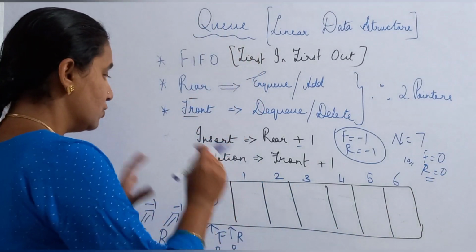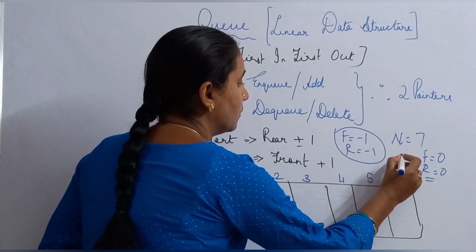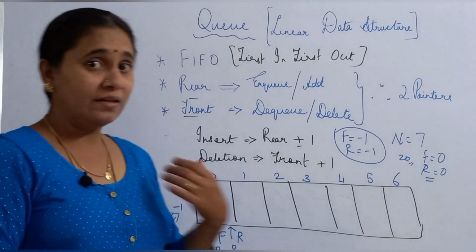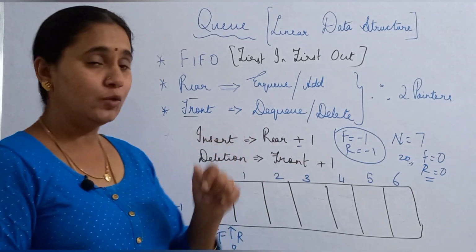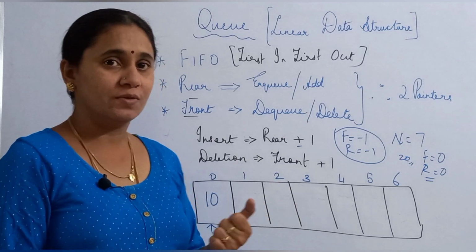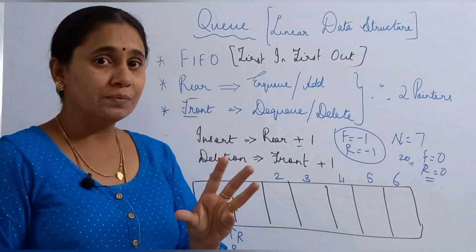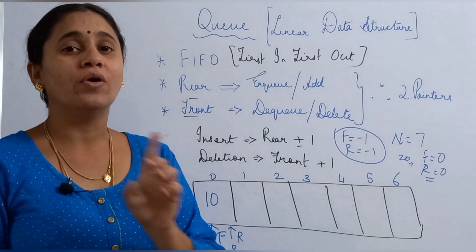Okay friends, so now next, another element is going to come, let it be 20. So now in this queue, how am I going to insert it? What should I do? I must increment the rear pointer.